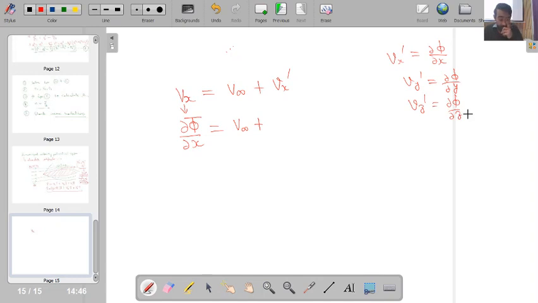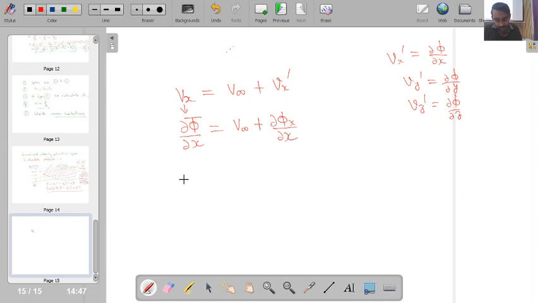So Vx dash is equal to del phi by del x. This phi bar corresponds to the total velocity, and this phi corresponds to only the perturbed component which has been introduced due to the presence of this solid object in the flow field.